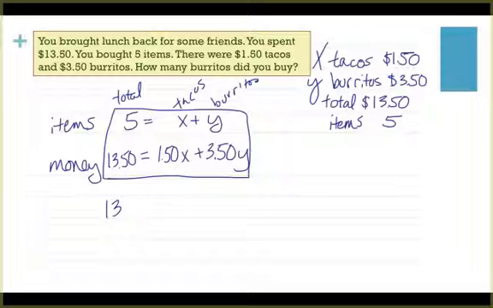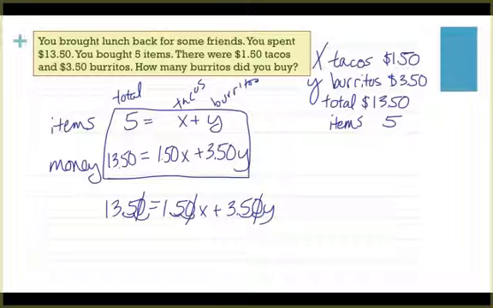If this was my homework, I might not write it again like this, but since these are my notes, I'm going to write it again so I know what I was talking about. Now, do I really need to make it $13.50? No, because I don't need that last 0. I can divide everything by 10, right?